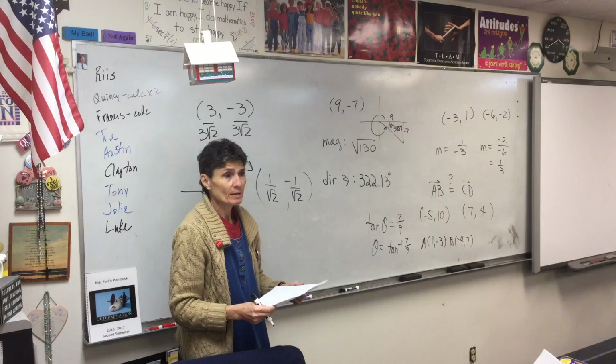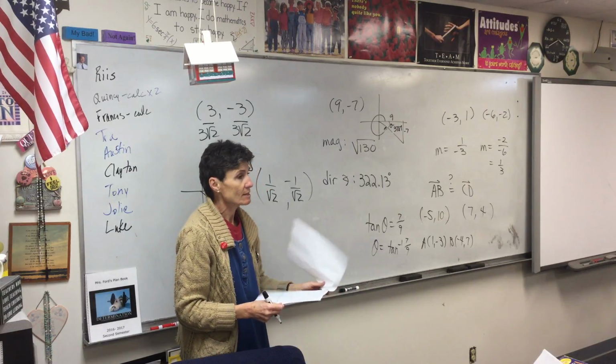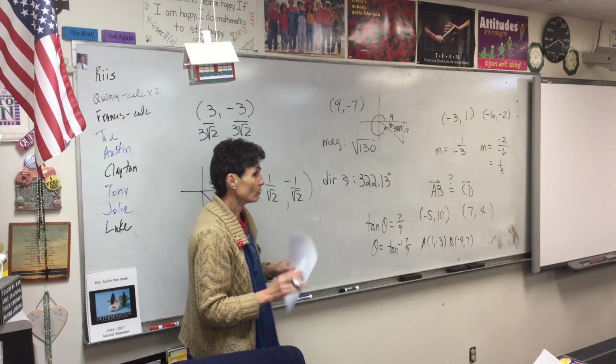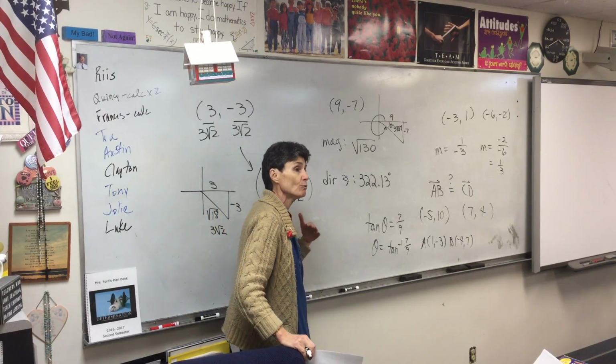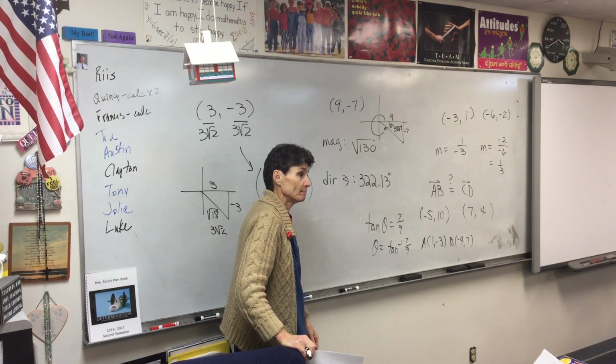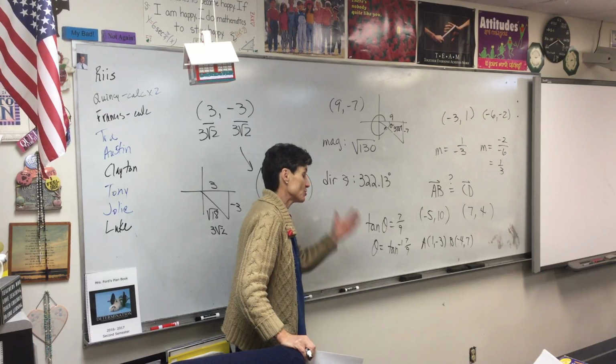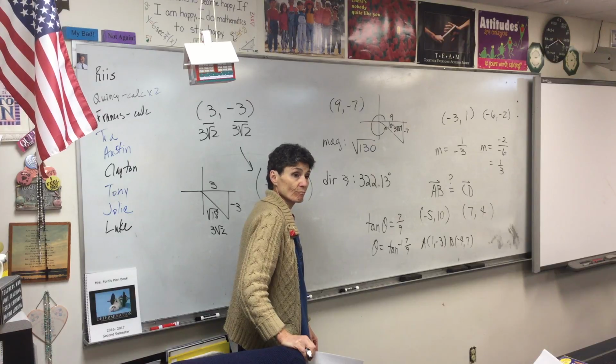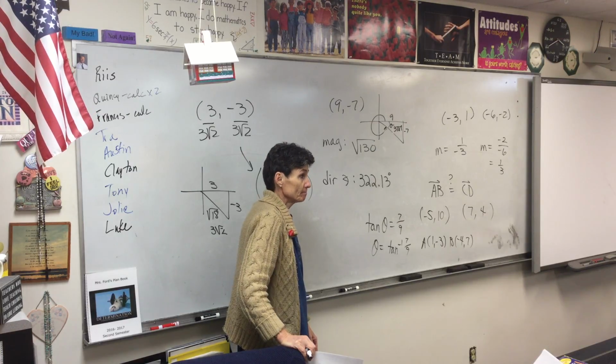Why not? They don't have the same components. They move differently. If vectors are going to be equal to each other, they have to move in exactly the same way. These do not. Okay?